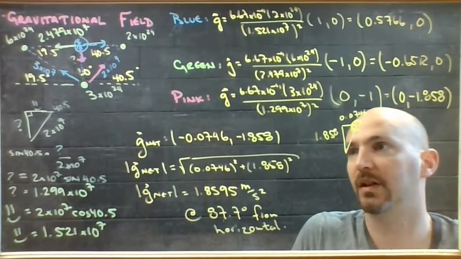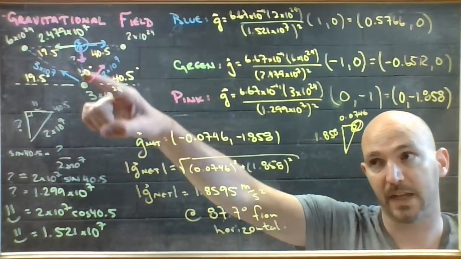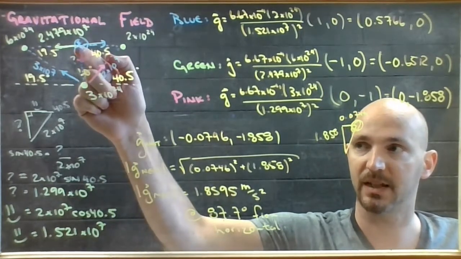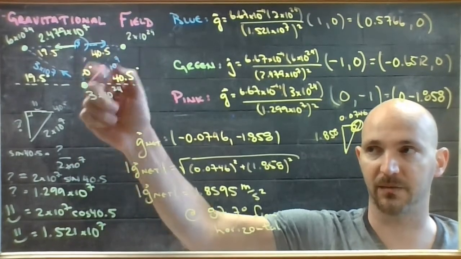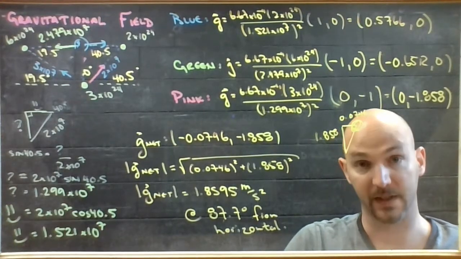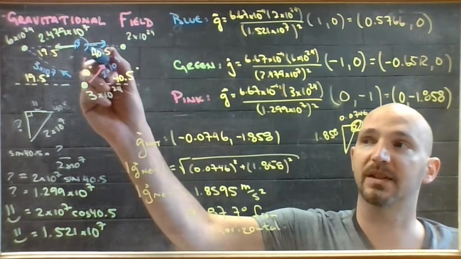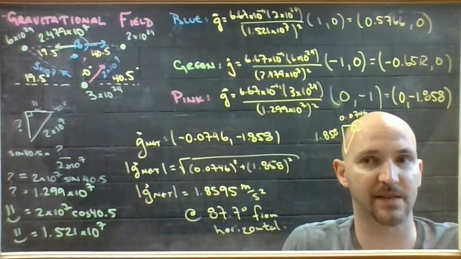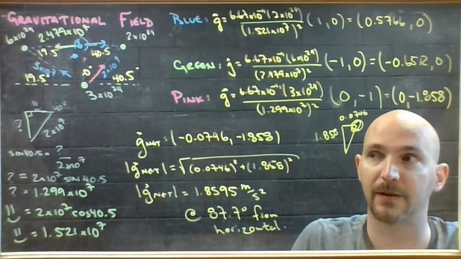Alright, lovely. So this object, an object placed there, won't head directly towards this mass. It will head off at an angle of 87.7 degrees, which is going to take it sort of in this direction, like so. Really close to this guy, but not quite. Alright, now having done those calculations, as soon as you move from this location to this location, all of your distances have changed. So as soon as your distances have changed, all of these force components have changed, and so your net acceleration will be different.